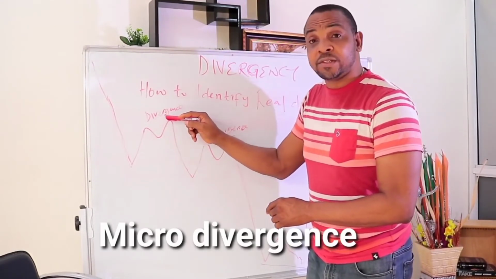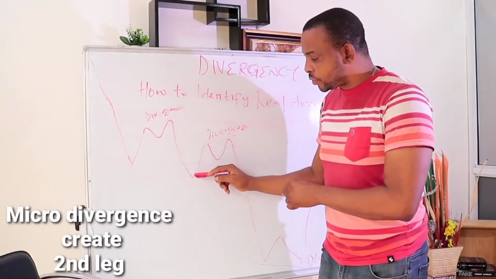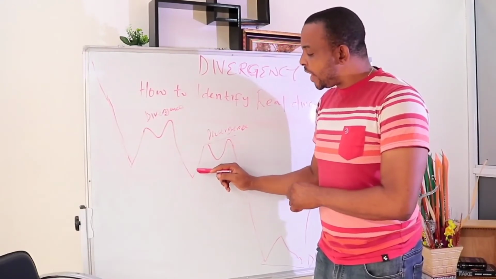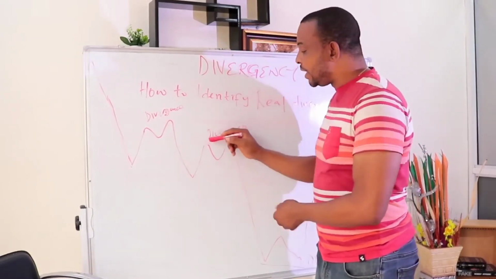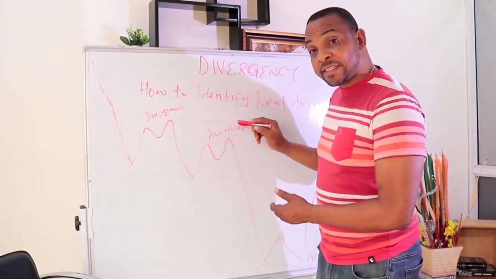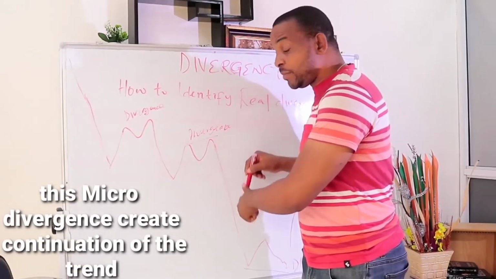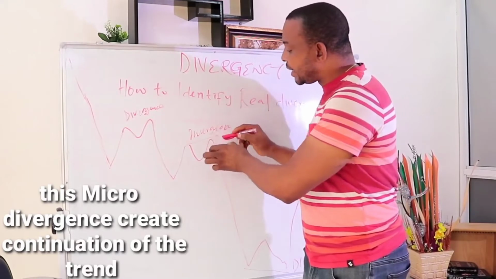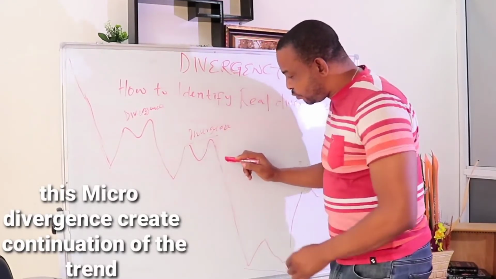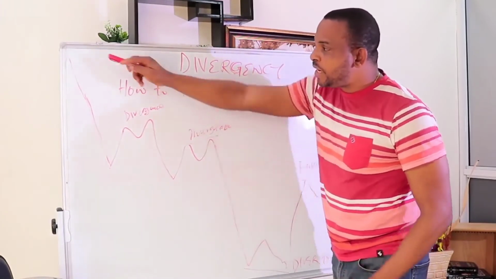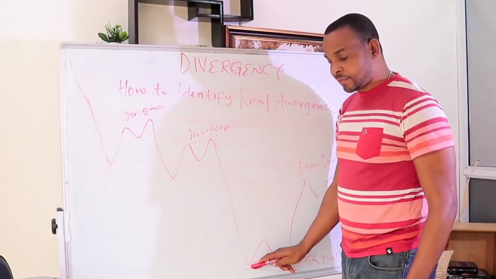So this micro divergence creates the second leg, and the second leg moves to this level, and this level experiences another pullback around EMA, creating another divergence, which is another continuation, causing maybe the third leg or whatever. And this is still also micro divergence, moving to this level, meaning that this is a trend.